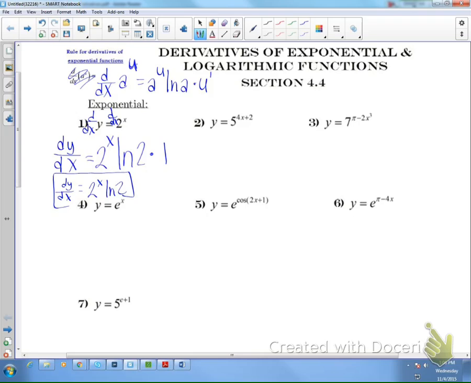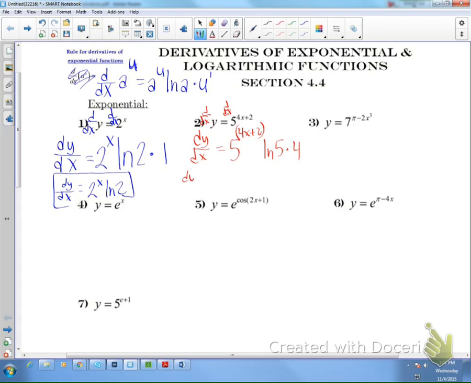Okay, number 2. dy/dx, because we did d/dx to both sides. dy/dx, derivative of y with respect to x equals, what would come first? 5 to the 4x plus 2 times natural log of the base times 4, because that's the derivative of the exponent.